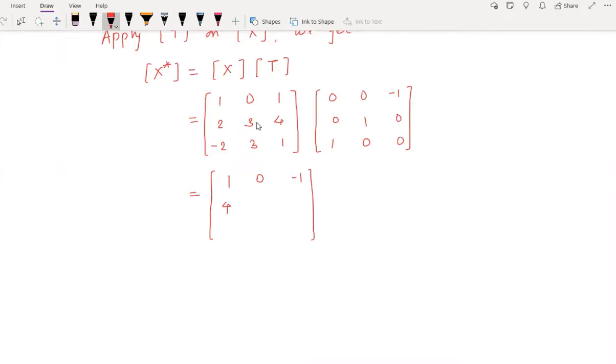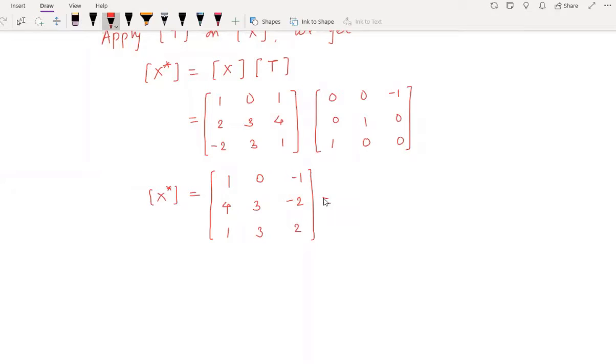Second row, second column, 3. Second row, third column, minus 2. Third row, first column, 1. Third row, second column, 3. Third row, third column, minus 1 plus 2. Right? So this is our matrix multiplication.